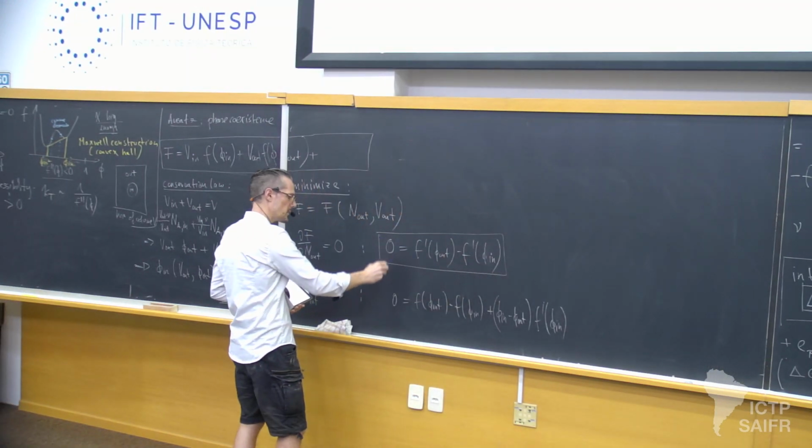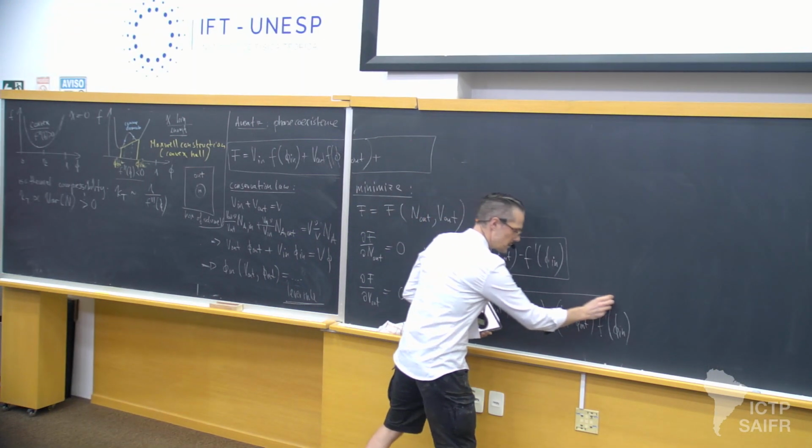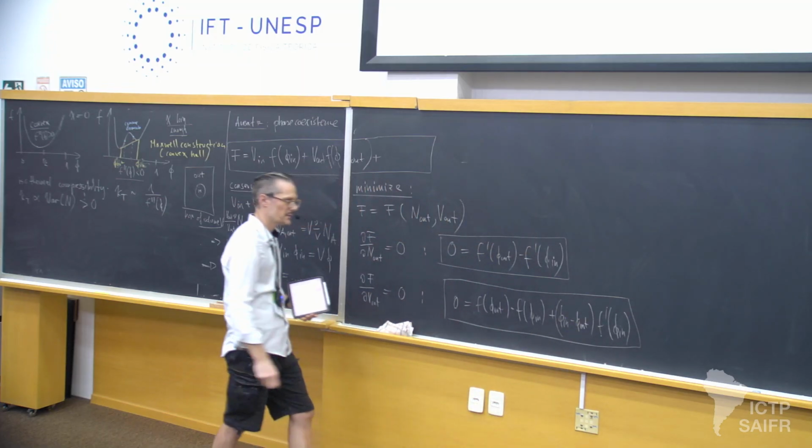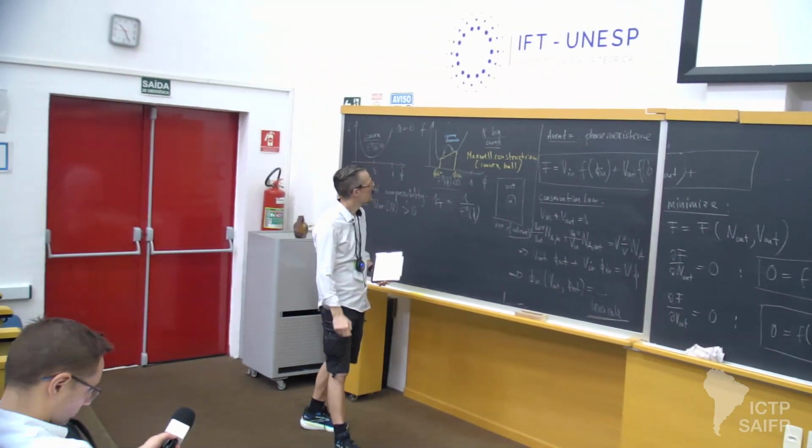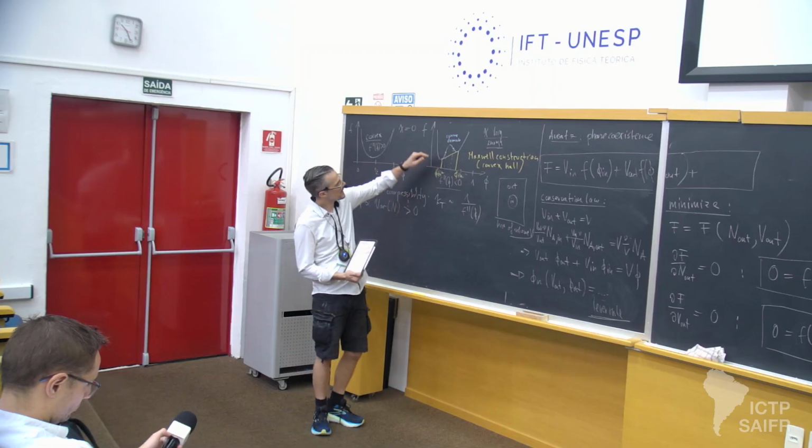So I get that the slopes of the free energy are the same, and I get a condition that makes sure that I have a smooth and continuous function. So the only unique way to do this is exactly the Maxwell construction.